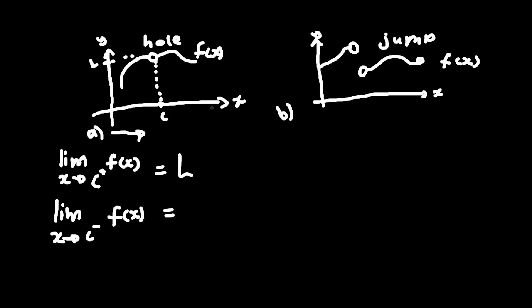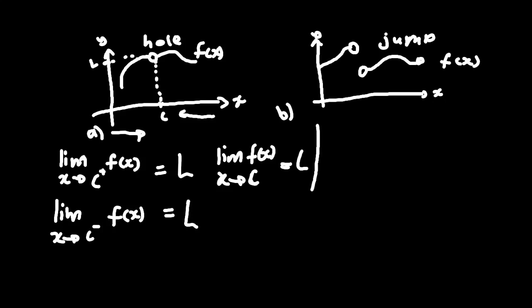Even if we come from this side, our limit will still be the same, L. So you can conclude that the limit of f as x approaches c is equal to L, because the limit from the right and the limit from the left are both equal to L.